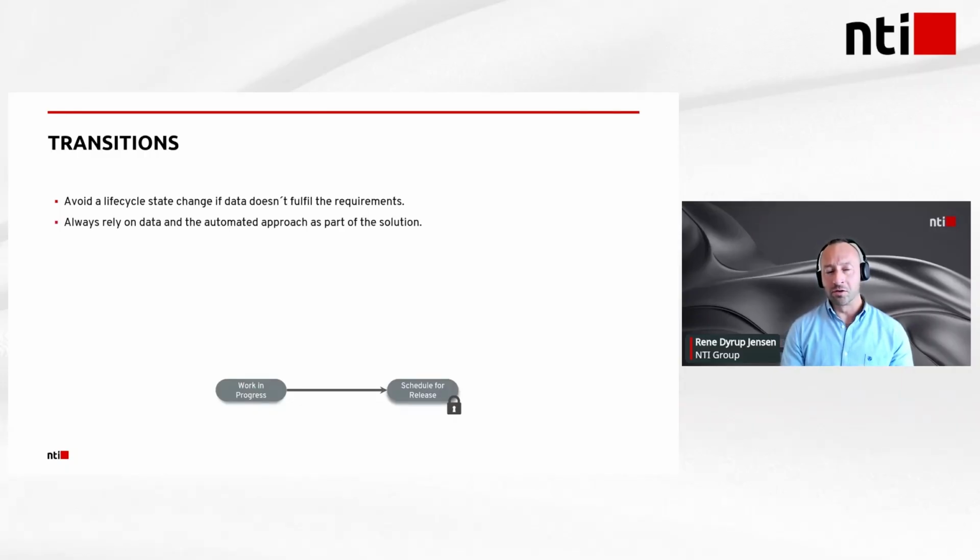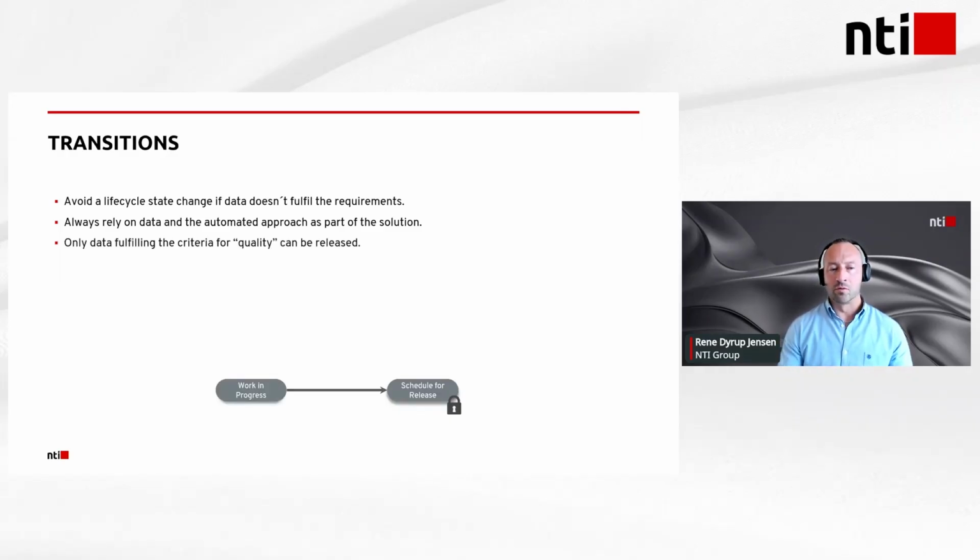You will also have a situation where you can always rely on data and the automated approach as part of the solution. When you have an automated approach, you have to trust the system to keep track of everything, compared to the manual approach where you, as a user, decide to take action.